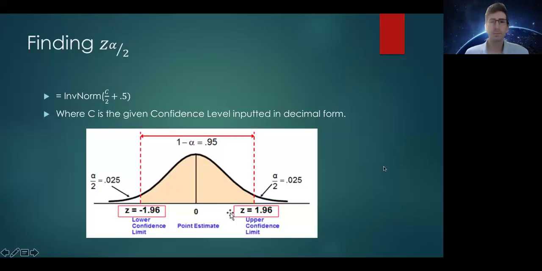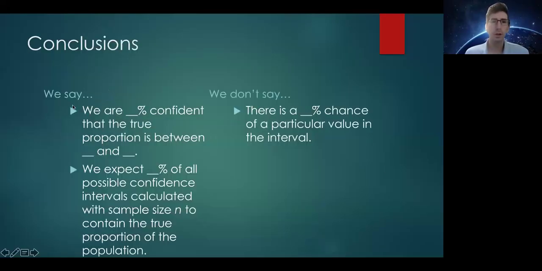So finally, in our last slide, we kind of want to wrap these answers in a nice conclusion. So we say we're 95% confident that the true proportion is between blank and blank, right?